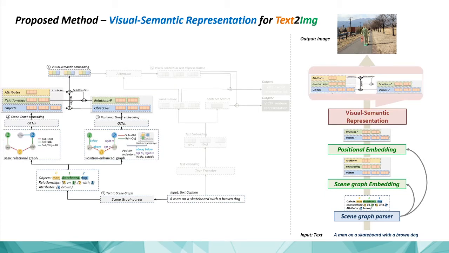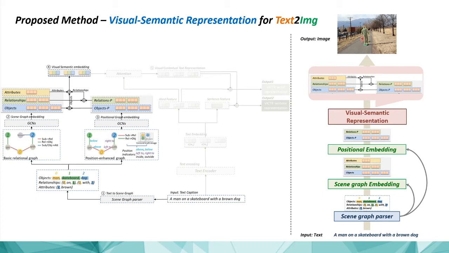We now integrate the object, relation, and attribute level embeddings from the basic relational graph and position-enhanced graphs in order to produce the comprehensive visual semantic embedding. The visual semantic embedding is composed of 3 aspects: object level, relational level, and attribute level.